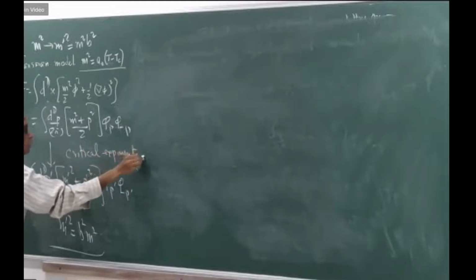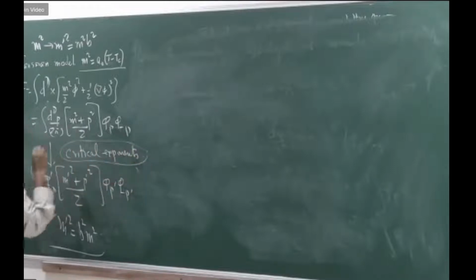Critical exponents are what we are after. And the big thing about the critical point is that there's a correlation length which goes to infinity at t equal to Tc, and the behavior is psi proportional to t minus Tc to the power nu when t has become very close to Tc.